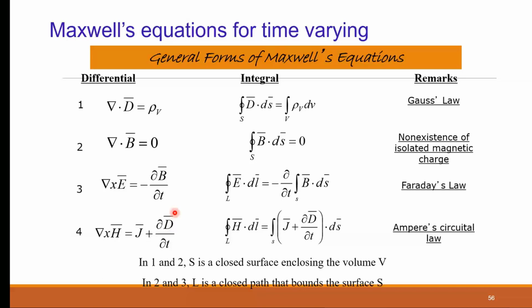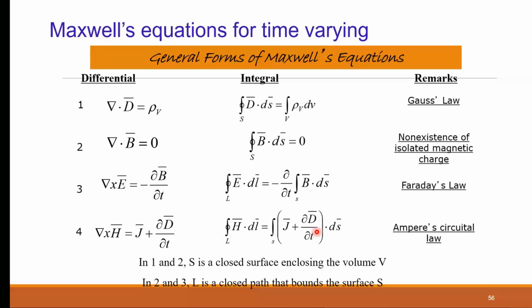Okay, so for Ampere's law, what is the equation? Integral form: closed integration of H bar dot dl bar is equal to surface integration of J plus dou D bar by dou t, together we have considered dot ds bar. We can apply this ds bar separately also. This is the integral form. What is the point form?